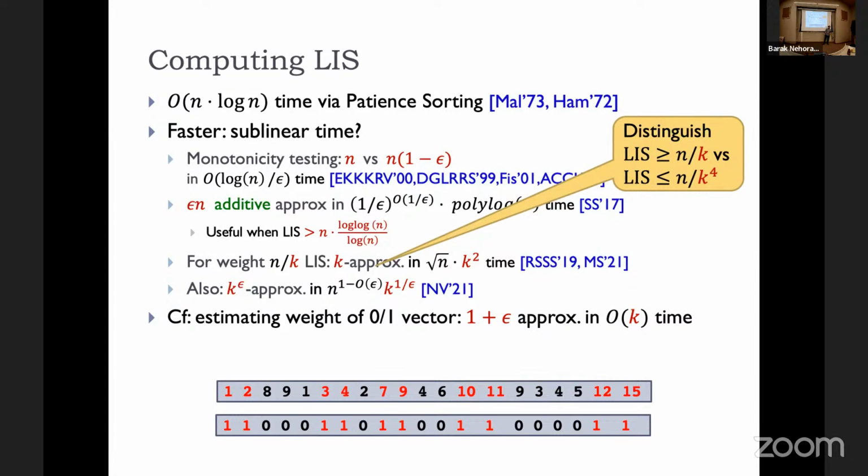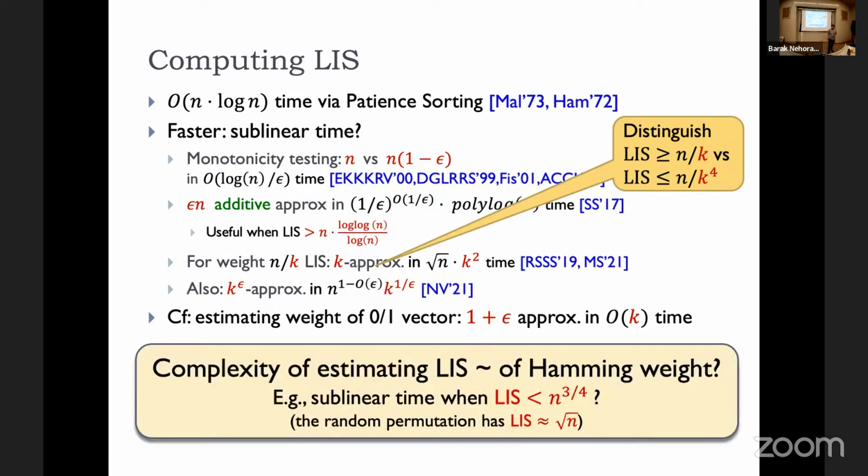The question is, can we do something similar for LIS? It is not clear why LIS should be much, much harder than this. So the main question here is, what is the complexity of estimating LIS? Can it have similar parameters as estimating the Hamming weight of a sparse vector? In particular, the previous result would not be sublinear time when LIS is of length less than n to the 3/4.